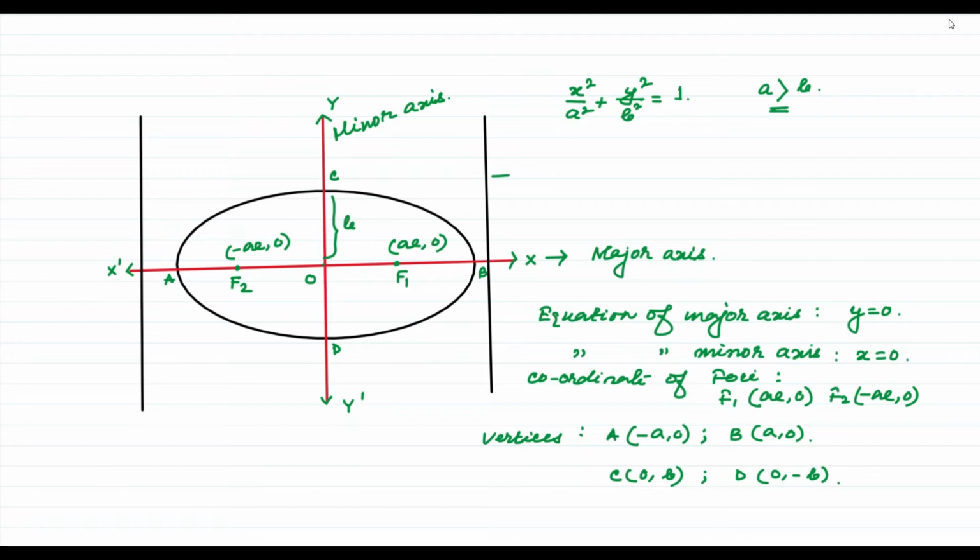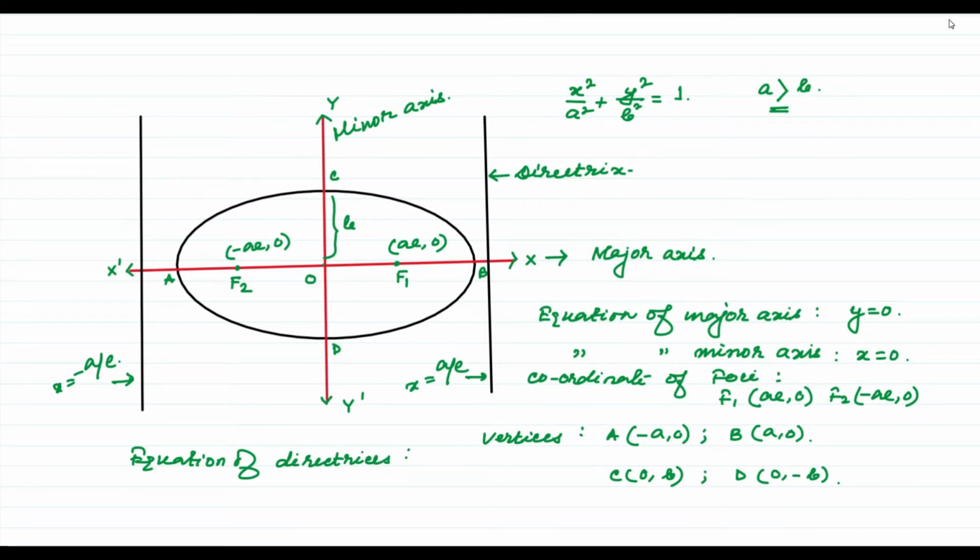Now what is the equation of the directrix? The equation of the directrix is x equals a by e, and the equation of the other directrix is x equals minus a by e.